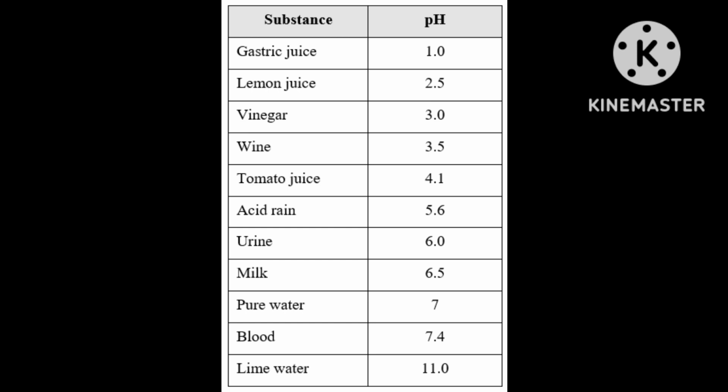The first problem is that the concentration of hydrogen ion, H plus, in a sample of soft water is 3.8 into 10 to the power minus 3 M. What is its pH? The formula, you know, is pH equals negative logarithm of hydrogen ion concentration.